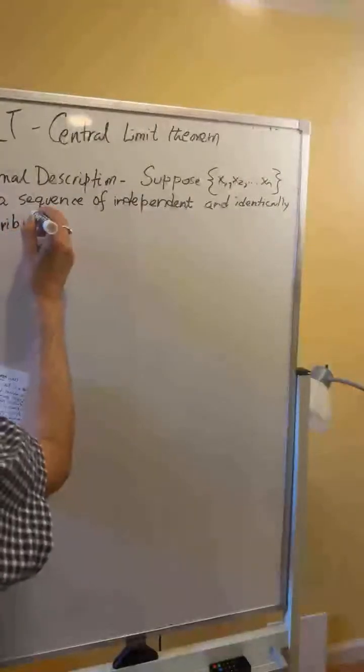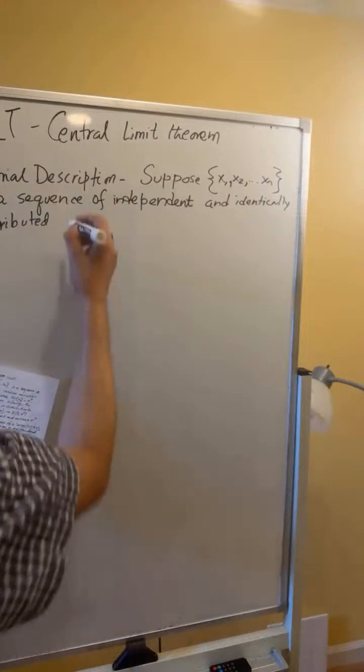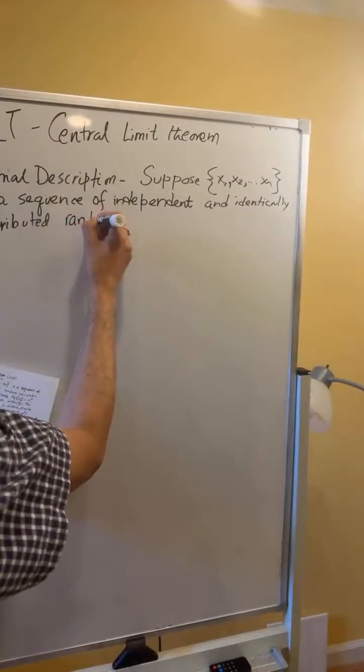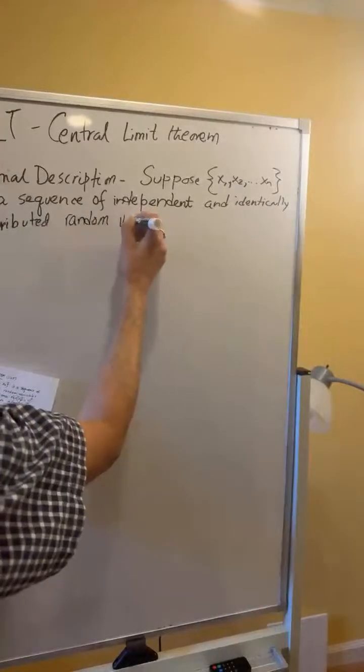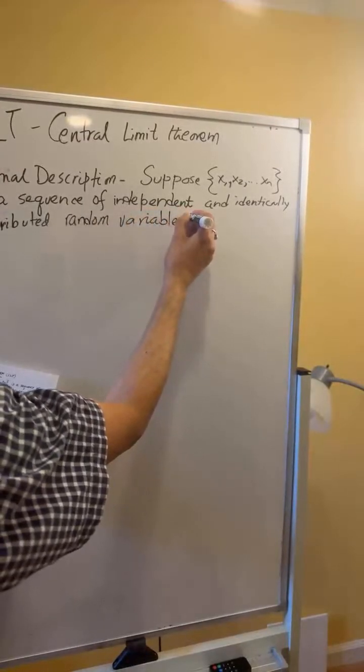We are talking about the probability distribution of x1 through xn. That means these variables can take any value, such as a person's height, weight, etc.